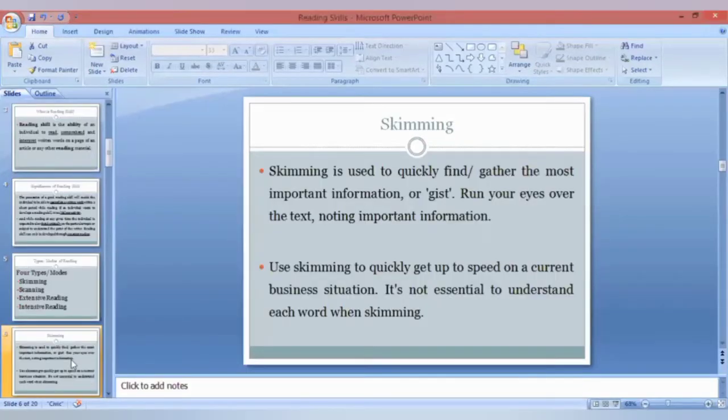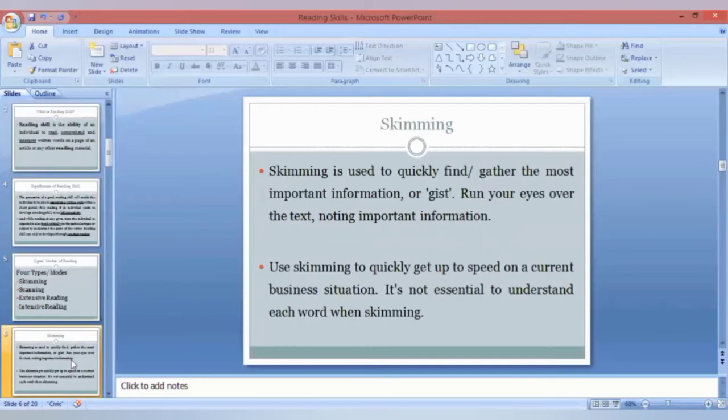Now, skimming is used to quickly gather the most important information or gist. You go through the text quickly in order to look for the most important information, in the form of the central idea of the text. You run your eyes over the text, noting the most important information you are looking for.